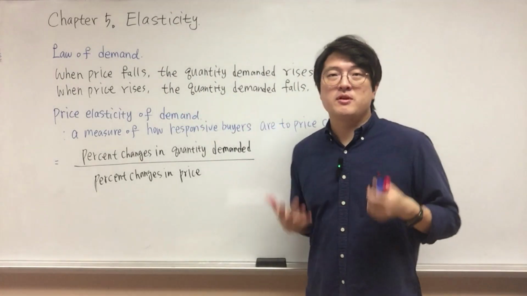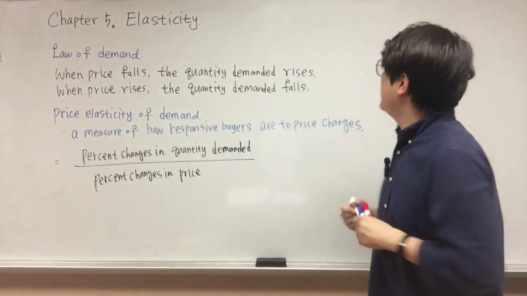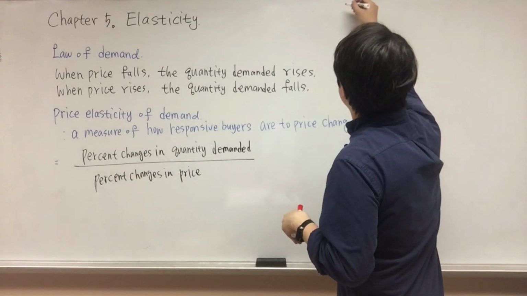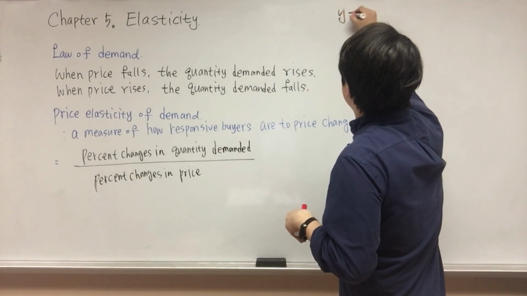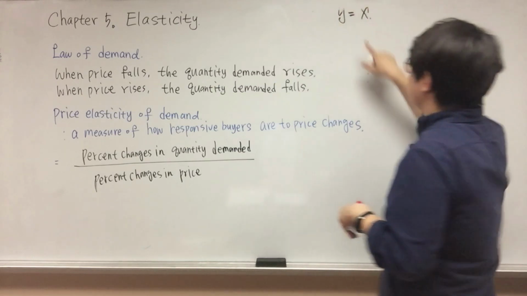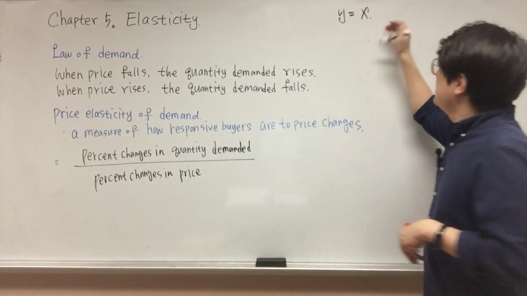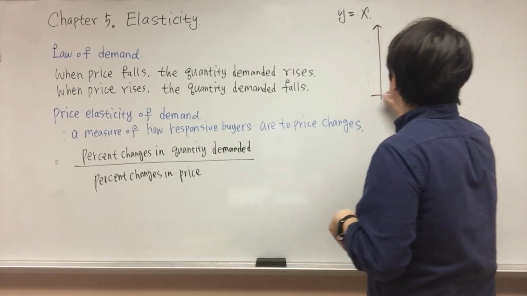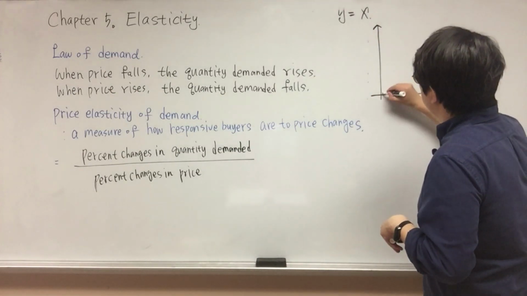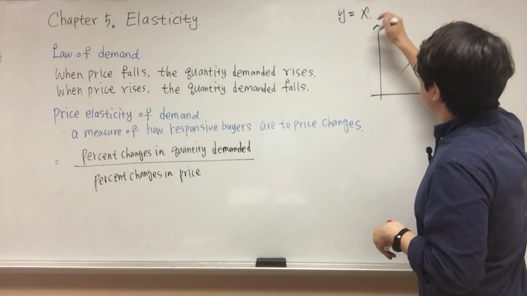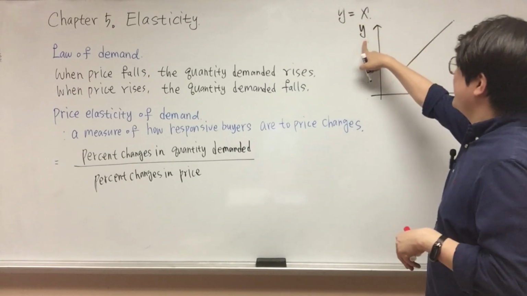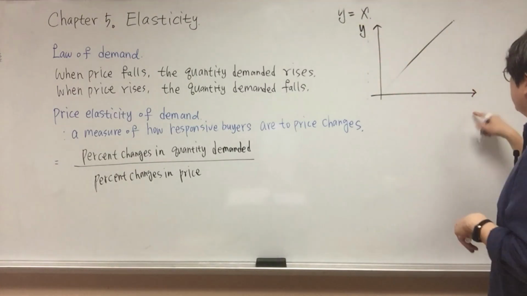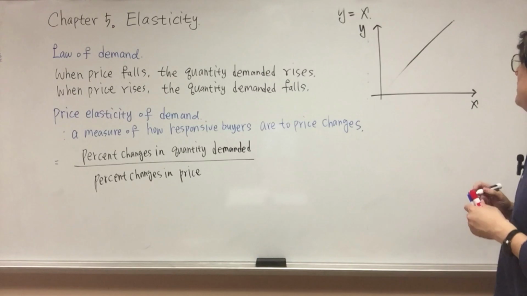So how can you find the percent change? For example, if we have y and x, and y is equal to x, we have a linear function. The y-axis is y, and the x-axis is x.